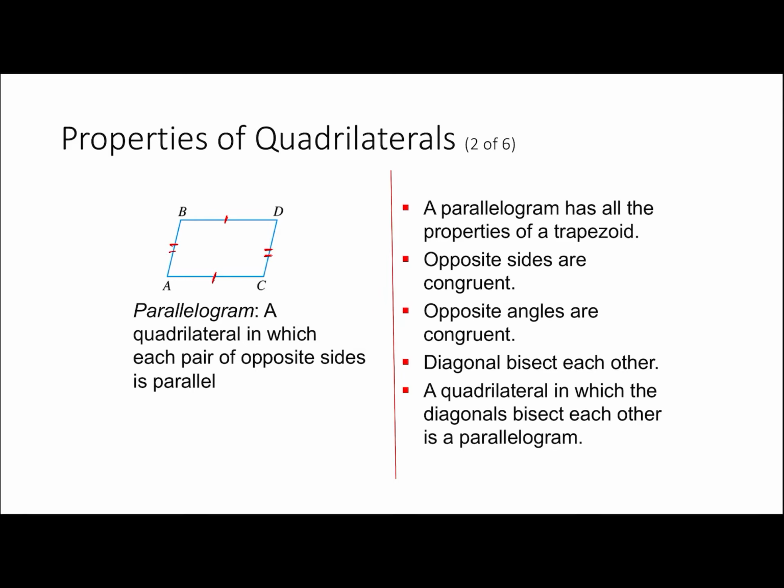Opposite sides are congruent. We actually used that in example 6 that we saw in the last video. We used that property, that opposite sides are congruent. So in this case, you can see BD and AC, for example, are congruent, and then also DC and BA are congruent. Also, opposite angles are congruent.